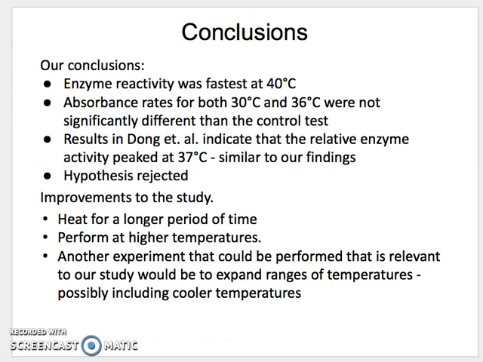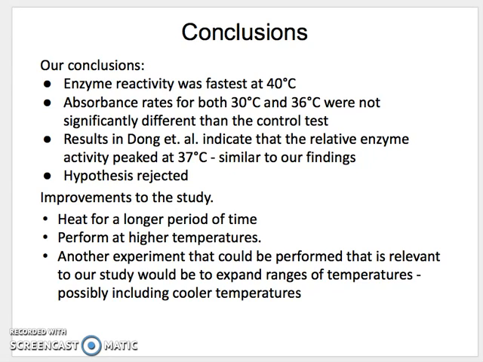Okay, so in conclusion, we found that enzyme activity was fastest at 40 degrees Celsius and very minimal at 30 degrees Celsius and 36 degrees Celsius. In our experiment, we found that relative activity was the highest at 40 degrees Celsius, which was similar to Dong et al.'s experiment because they had their relative activity peak at 37 degrees Celsius.